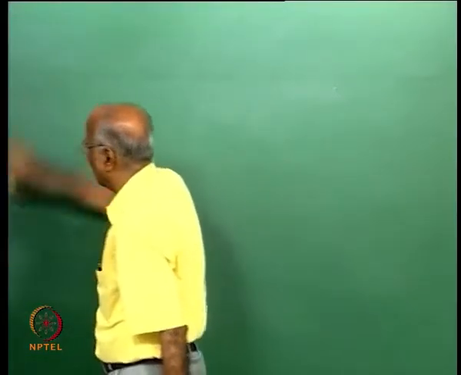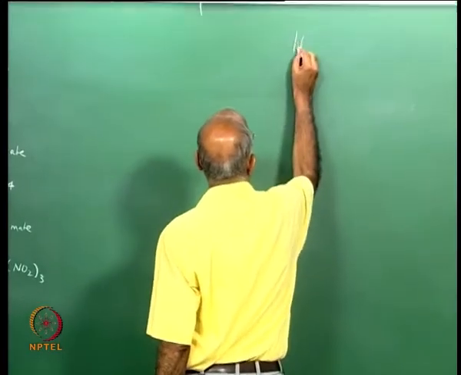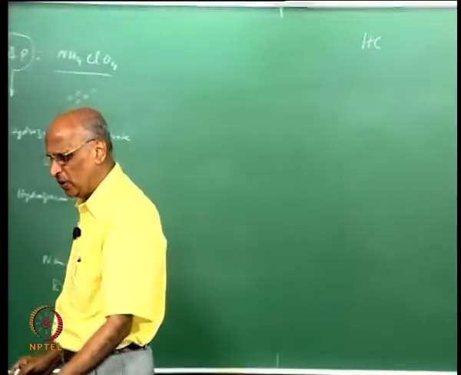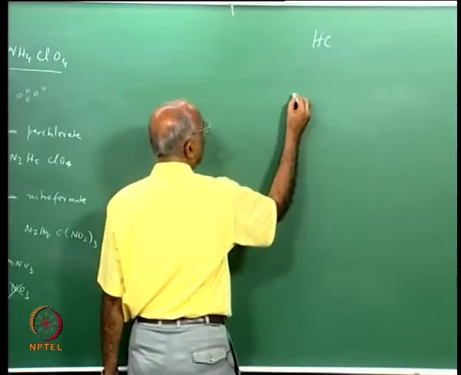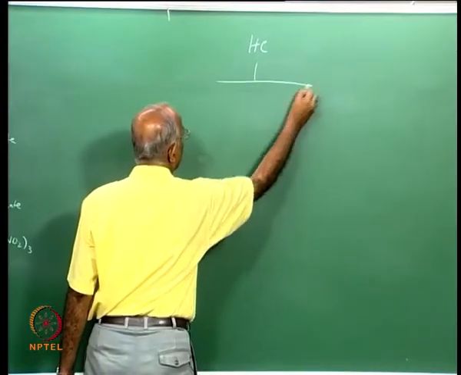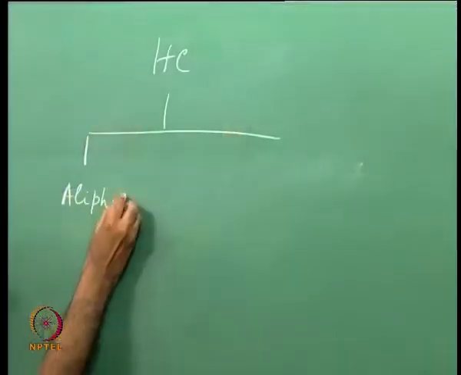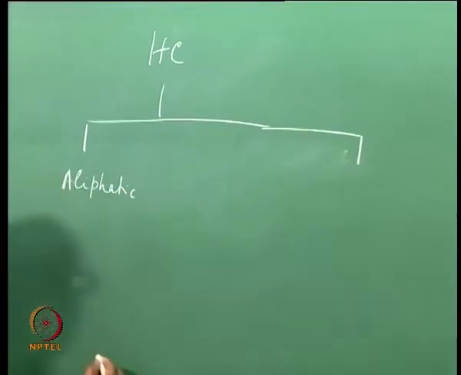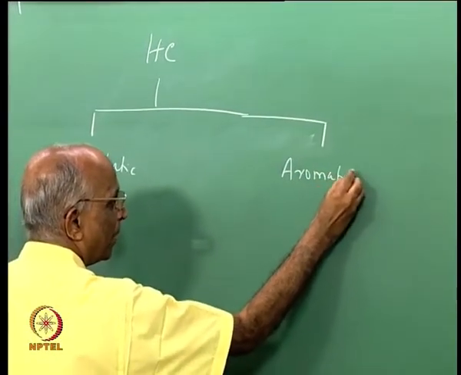When we say fuel, I also told you the fuel could be a hydrocarbon fuel. Let us see what are the different types of hydrocarbons and how we use them. Let us start the hydrocarbon chain. We know hydrocarbons consist of aliphatic compounds, and a little bit of organic chemistry is always useful, and aromatic hydrocarbons.